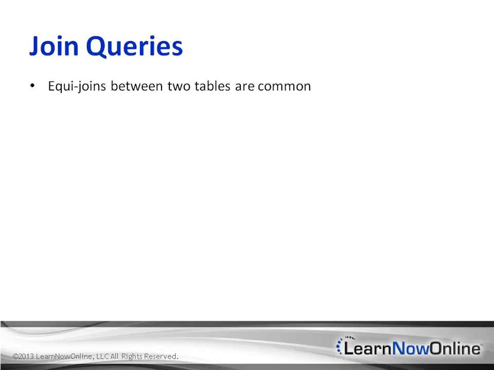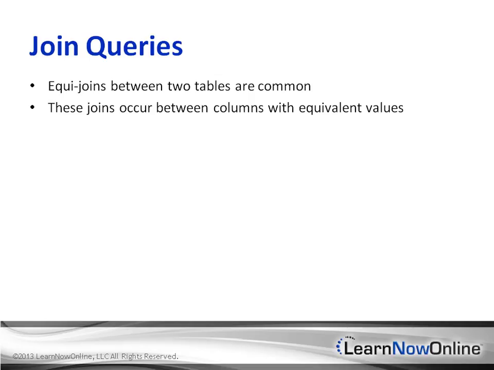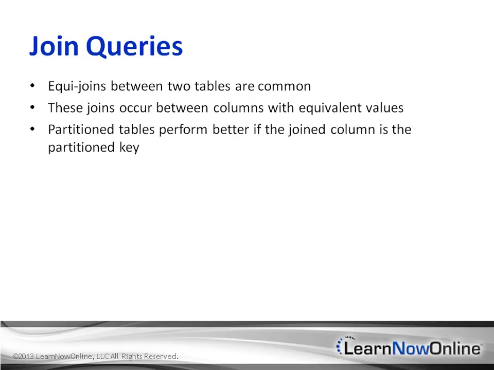Specifically, when we talk about joining queries, we have to understand that joins between two tables are very common. The joins occur between columns that have equivalent values. And partition tables will actually perform better if the join column is a partition key.